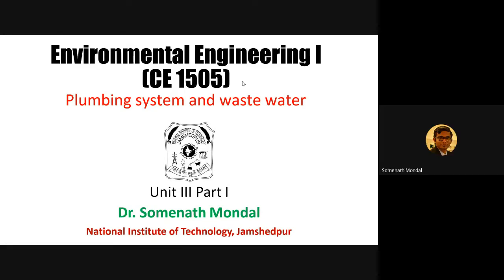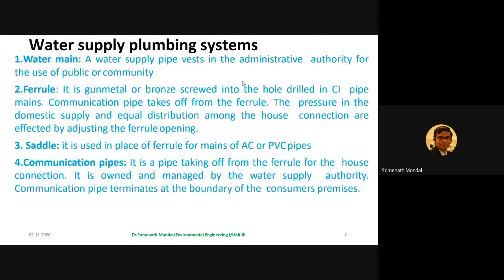Okay, fine. So now we'll be talking about the plumbing system. In the water supply plumbing system, it consists of a few very important components, and we need to know all these terms relating to plumbing, their principles and the common practices.